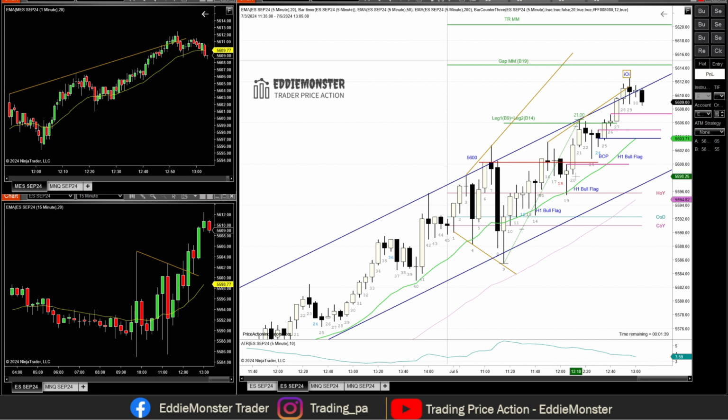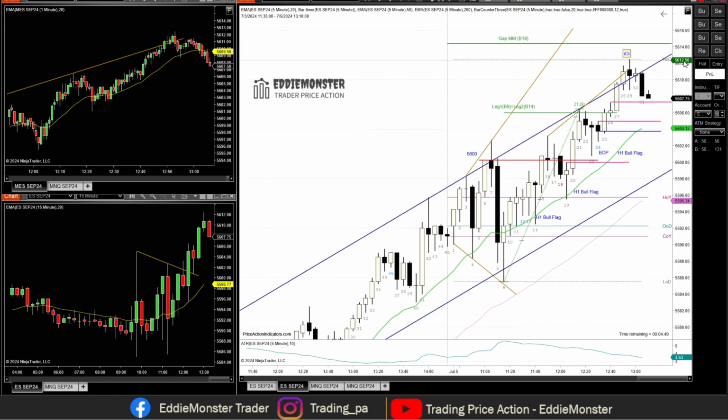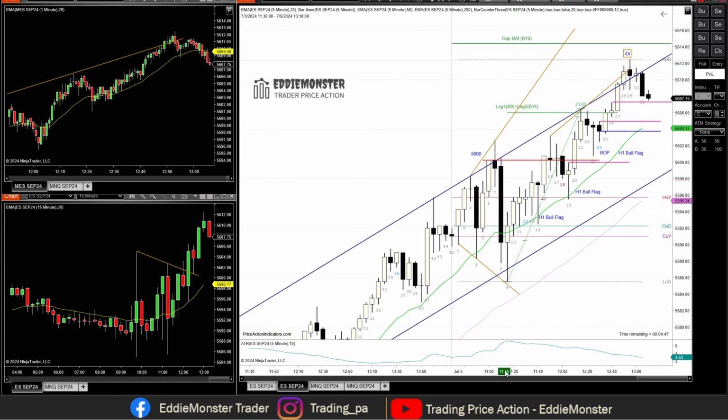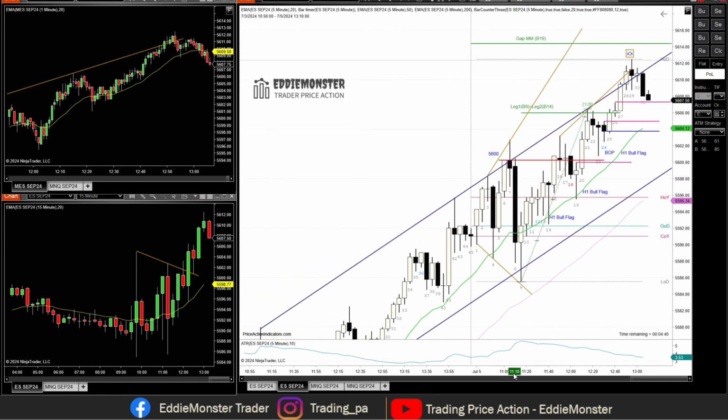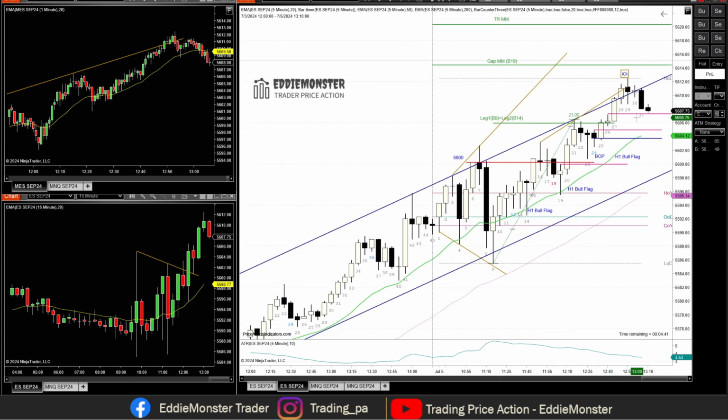Continuing looking at what the market is doing, failing at the moving average. Bull bar at 31, interesting, but I will not take that one.